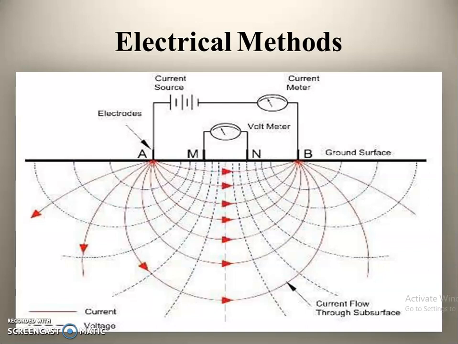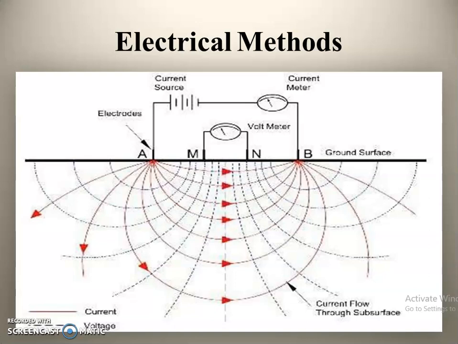In this method, 4 electrodes are driven into the ground at equal distances apart and in a straight line. The distance between the 2 electrodes is the depth of exploration, or the depth up to which the ground resistance has to be measured.